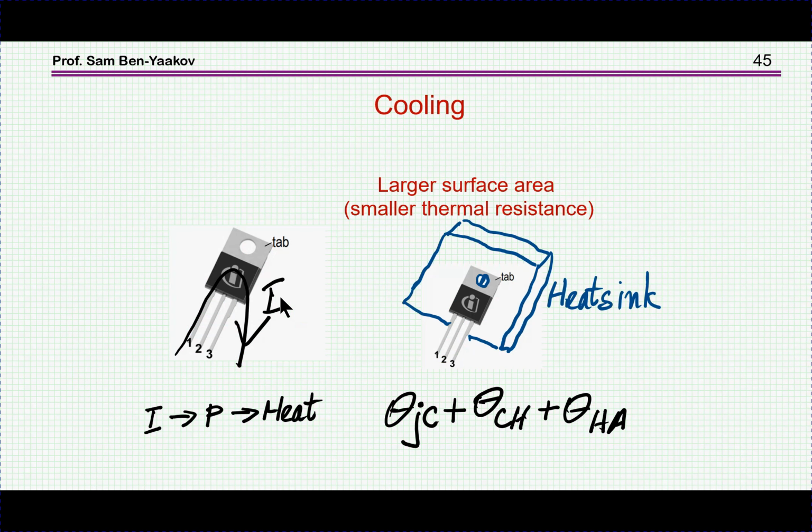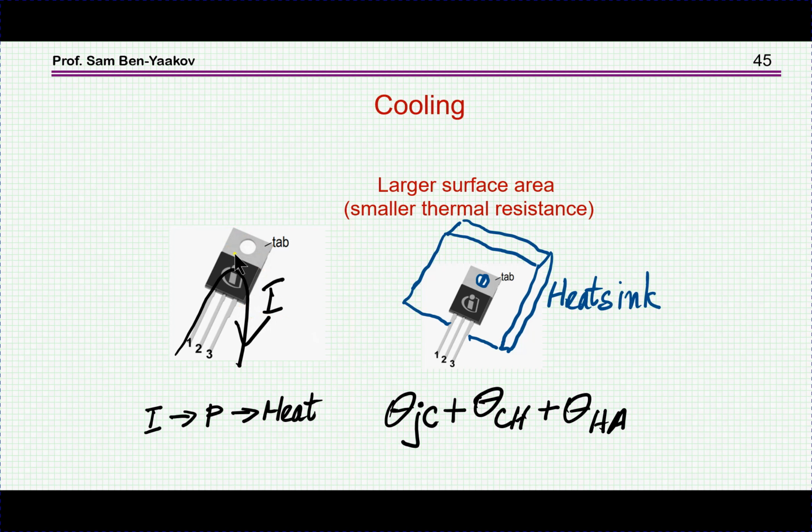In order to get better heat removal, we would like to enlarge the surface. This is the tab of, say, a TO-220 transistor. This is a metal tab, which is, by the way, connected to the drain, which is not that important in the context of cooling, but this will require some isolation in many cases.